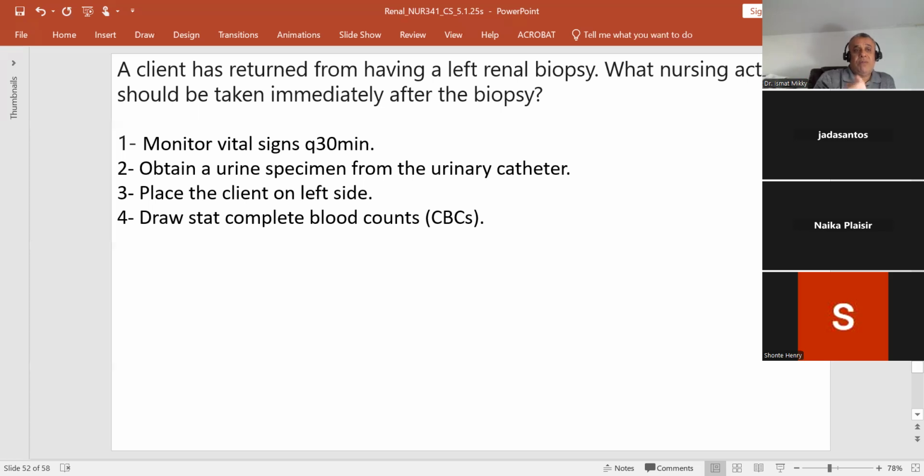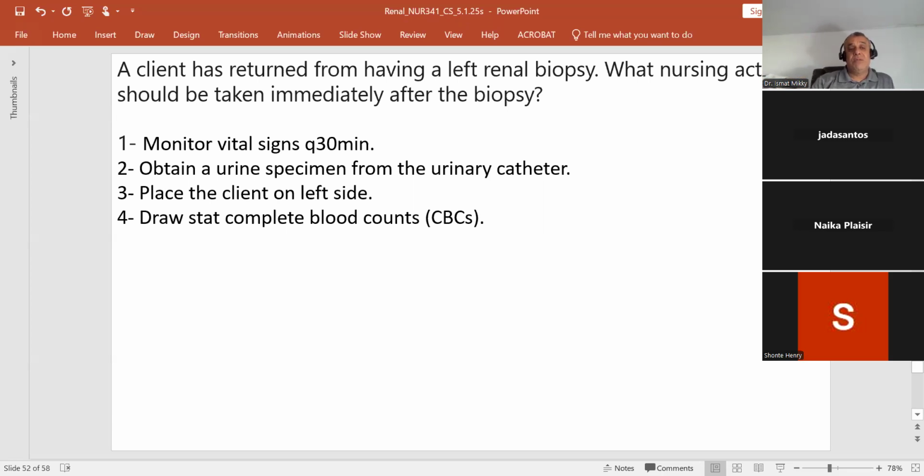When you do the biopsy, not necessarily that the patient has a Foley catheter. So this is a complete distractor. We're adding to the question, assuming that every single patient post biopsy should have a catheter.